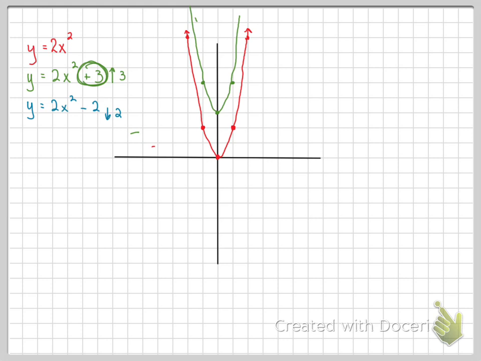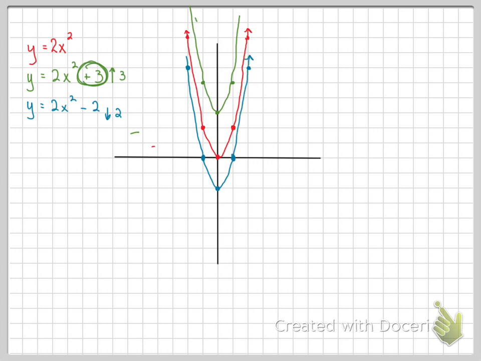Now we'll do the same thing with moving it down 2, okay? Take all the points from the red graph and move every single one of them down 2 units. So here's the vertex. Here are the next 2 points and the next 2 points.